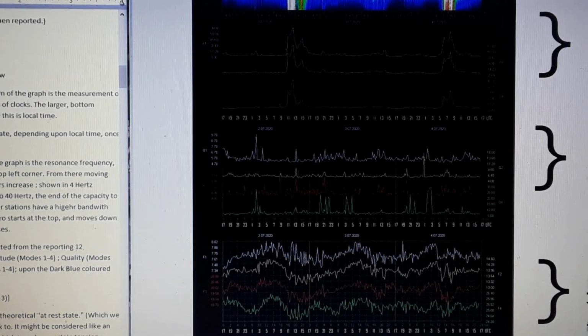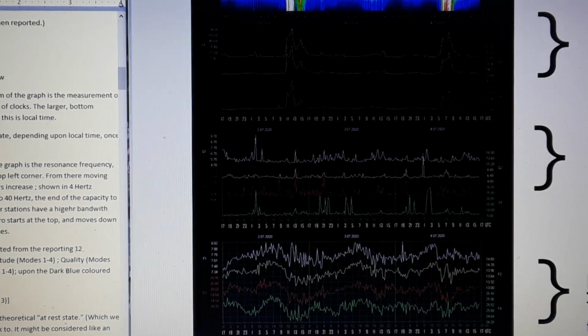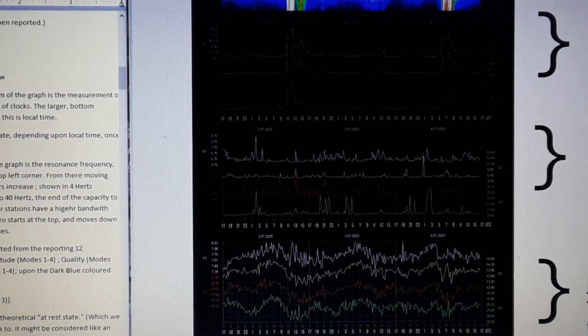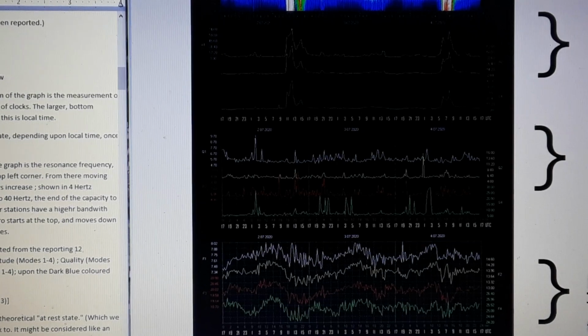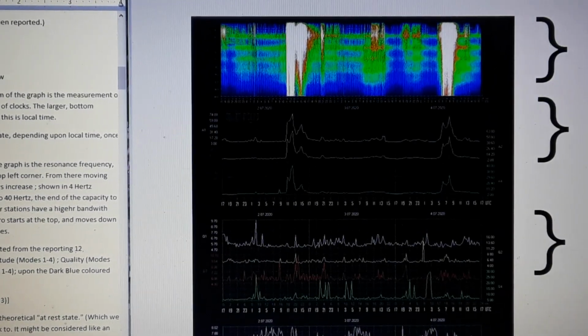On the far left of the graph here on the spectrograph is the resonant frequency. It starts at 0 in the top left corner, and then from there moves downward.